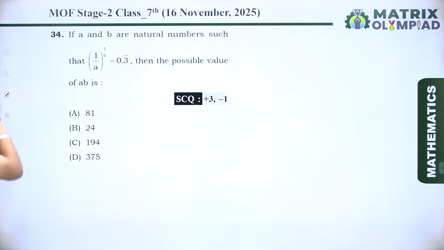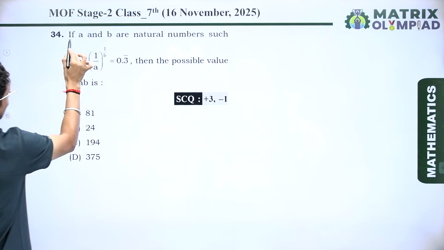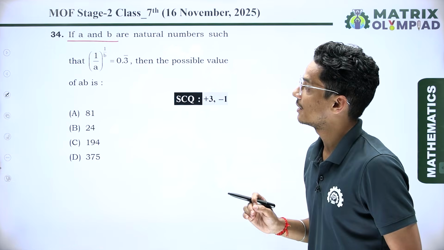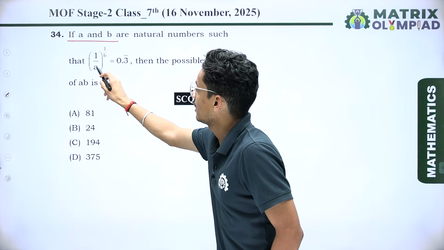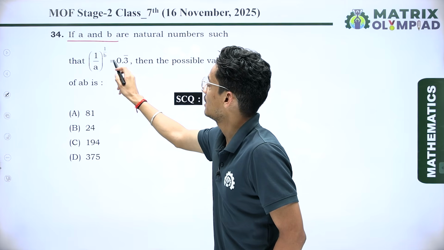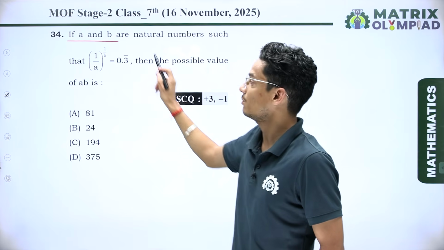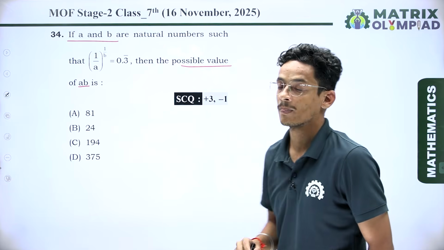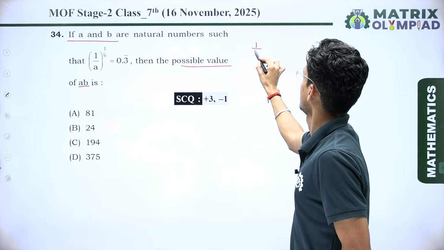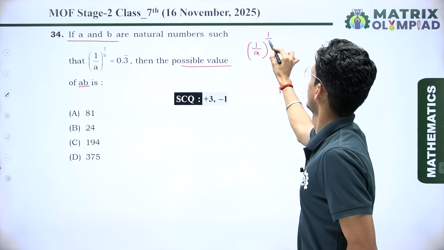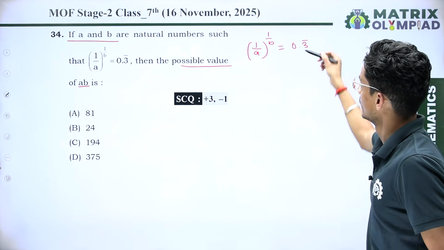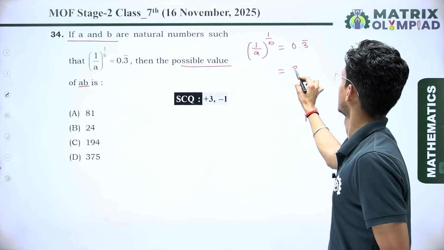Now the next question: if A and B are natural numbers such that 1 upon A to the power 1 upon B is equal to 0.3 bar, then find the possible value of AB. So we know 1 upon A raised to the power 1 upon B is equal to 0.3 bar. If we remove the bar, I can write 3 upon 9.